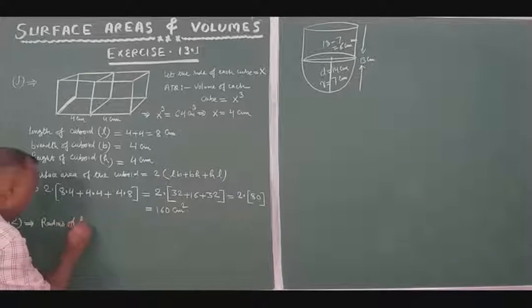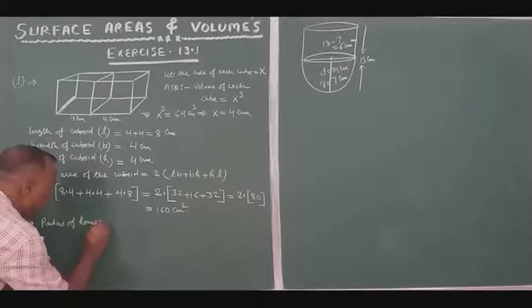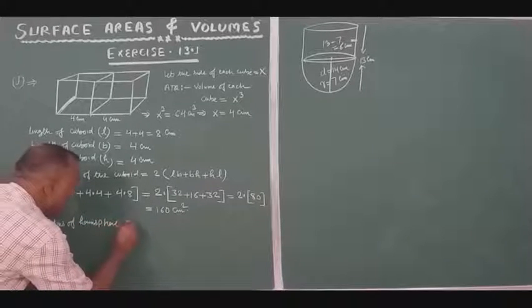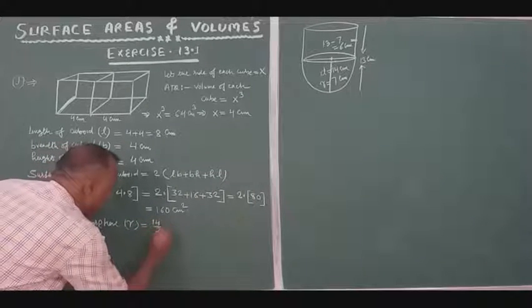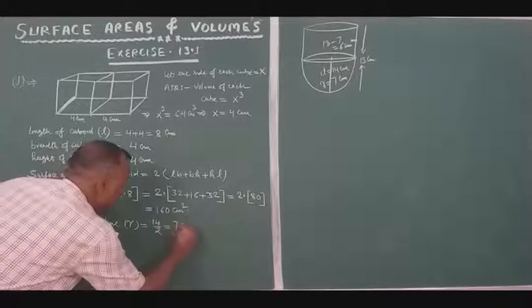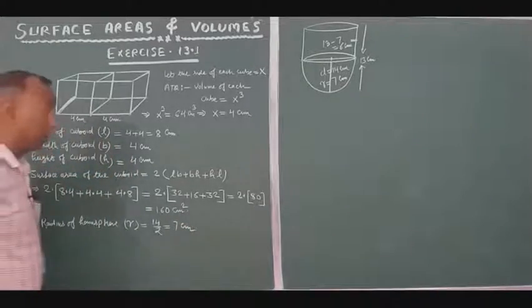Radius of the hemisphere R will be diameter upon 2, which is 7 centimeter.